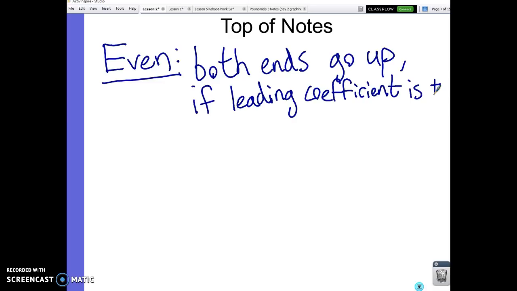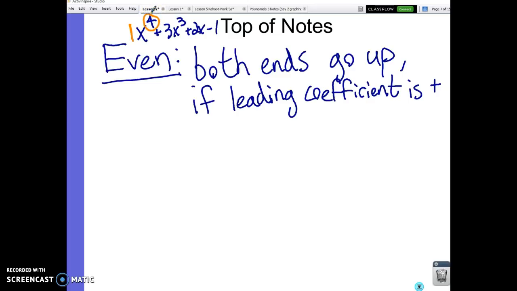So for example, an even function could be x to the fourth plus 3x cubed plus 2x minus 1. So we see that our leading coefficient will actually be 1 that I wrote there in orange, and it's an even function because the highest power is even. Okay?